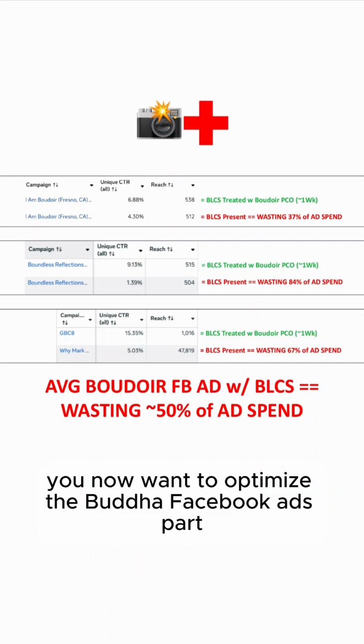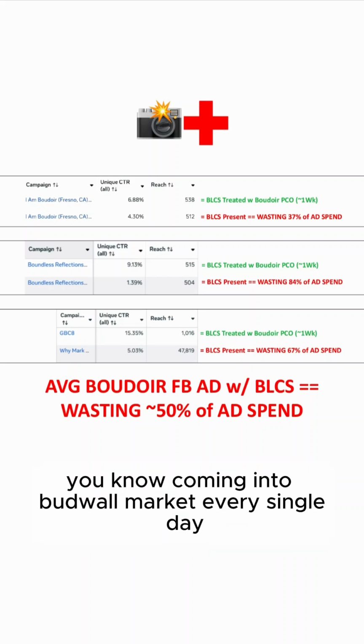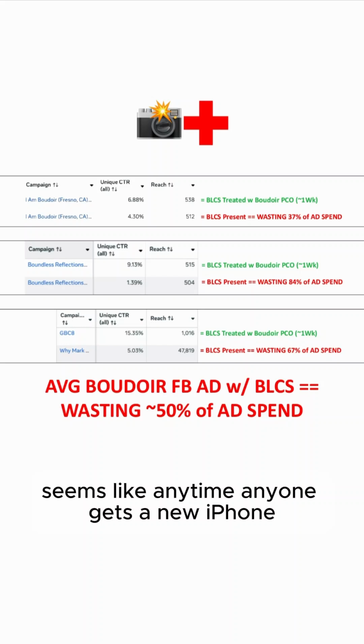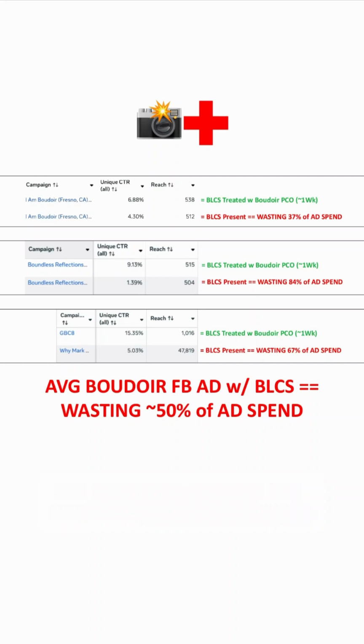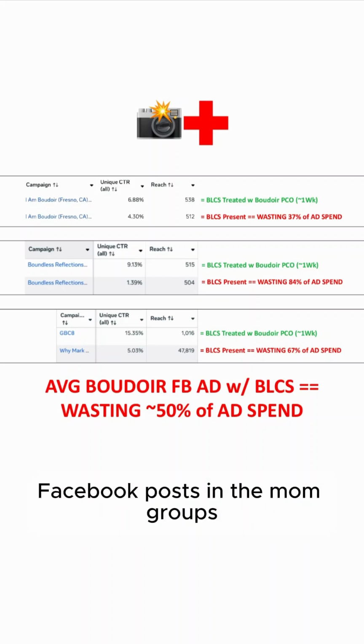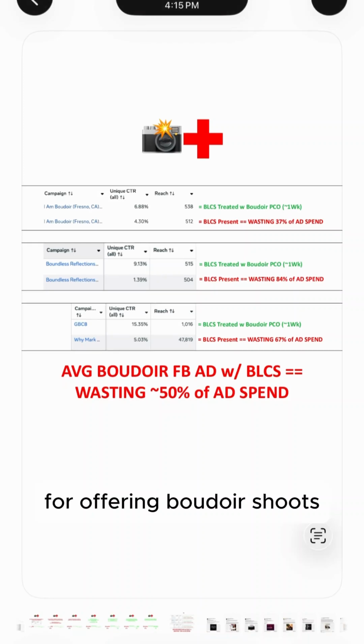So you now want to optimize the Boudoir Facebook ads part because you see more women coming into the boudoir market every single day. Seems like anytime anyone gets a new iPhone, we got more Google My Business profiles going up. Anytime anyone gets a new camera, we're getting more Facebook posts in the mom groups for offering boudoir shoots.